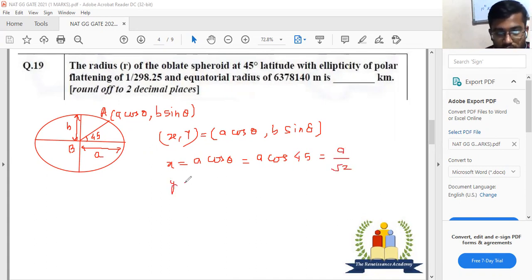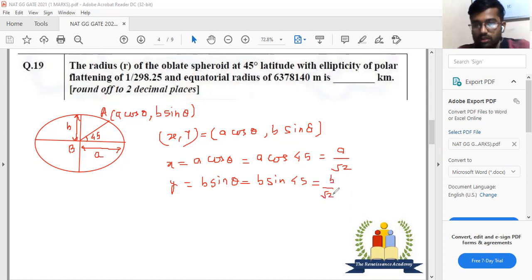Similarly, if you solve y, that is B sin theta, means B sin 45, we will get B upon root 2. Now we have x and y coordinate. Here we need to calculate r.